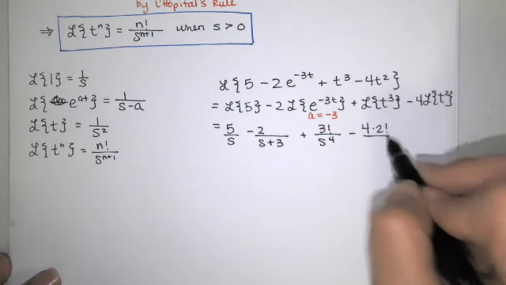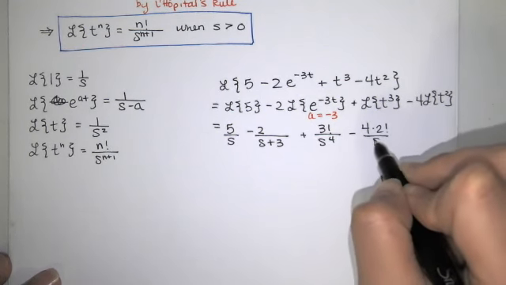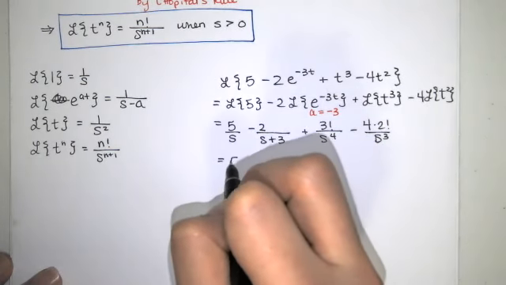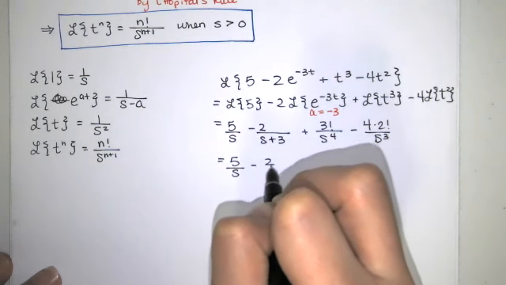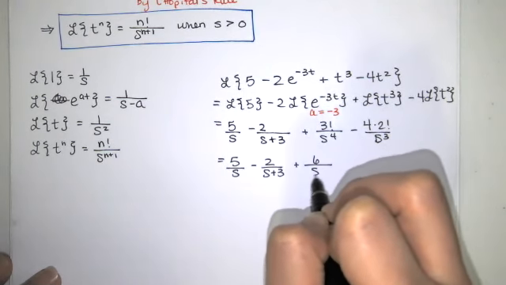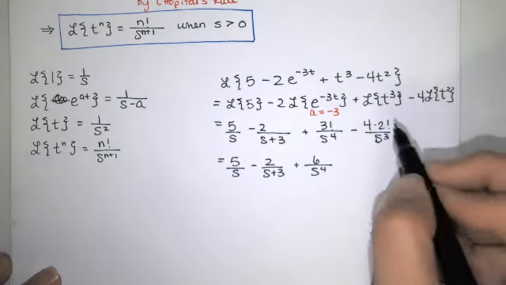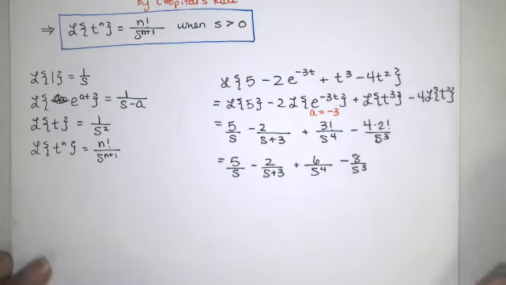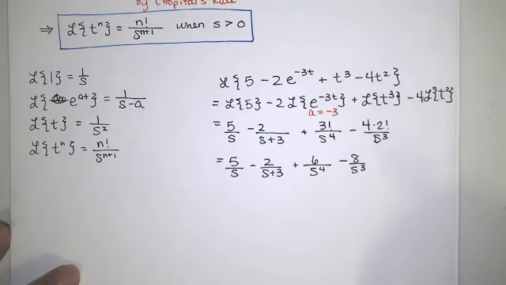Of 2 factorial over s to the 2 plus 1, so that's s cubed. So I have 5 over s minus 2 over s plus 3. 3 factorial is 6. And then I've got 2 times 4 is 8 there. And that's the Laplace transform of that expression.